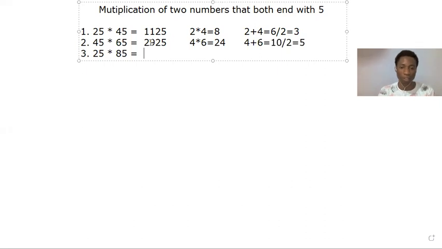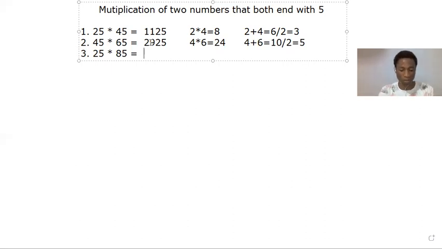After you have 25 at the back, you know that your answer ends with 25. Then all you just need to do is to say 2 times 8, which you can do in your mind to be 16. Then 2 plus 8, which is 10. Divide that 10 by 2, you're going to have 5. Remember, we had 16 before now. So 5 plus 16 will give us 21. So in a way, our answer is 2125.